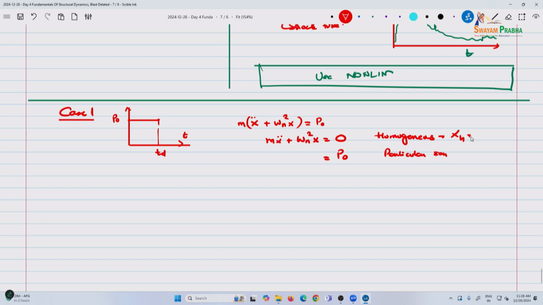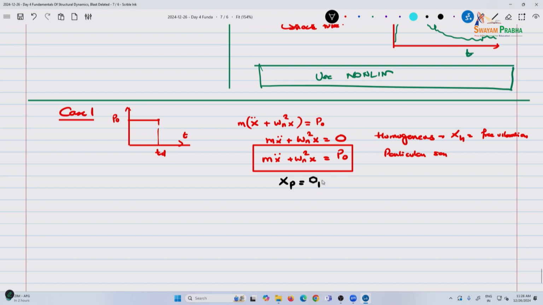And the homogeneous solution, we have seen, gives us the free vibration problem. So let's look at the particular solution problem. In this case, a typical particular solution, when you start with it, is in the form of the function itself on the right hand side.